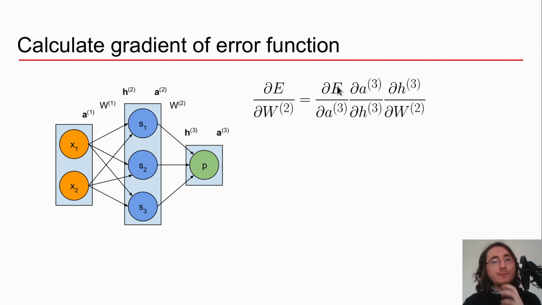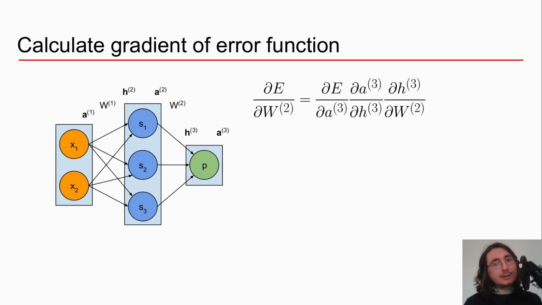So we have three derivatives for coming up with this main derivative here of the error over W2. And now, yeah, this feels a little bit intimidating, and as I said, this is going to be a quite math heavy video, but I'm going to try to make these calculations as clear and as simple as possible so you can follow and understand what's going on.